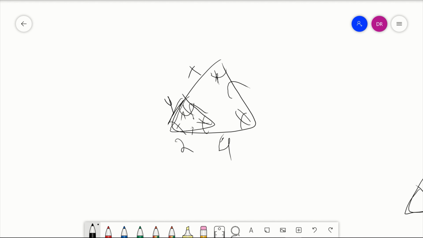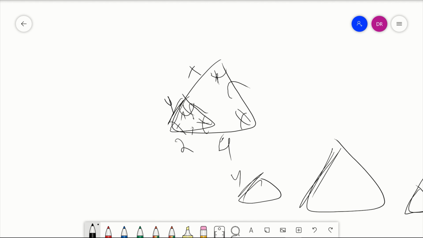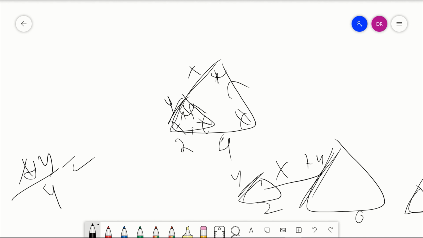Okay, so again, we have these two triangles. We know that they're similar, so there's a relationship between this side and this side. We know that this side is 4, and this side is x plus 4, because this is x, and then plus 4, you get the whole length. So x plus 4 over 4 is equal to 6 over 2, which is 3.